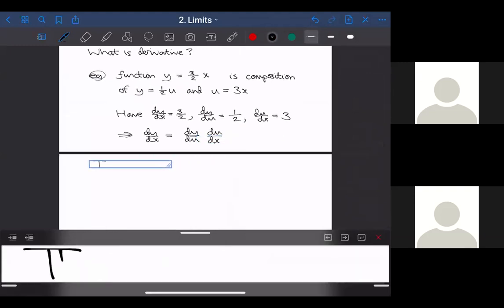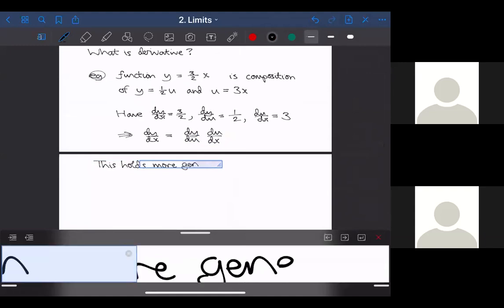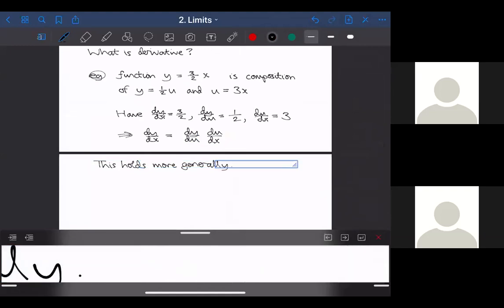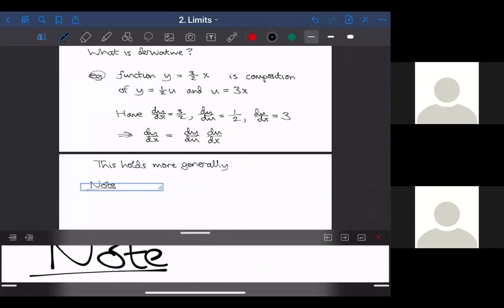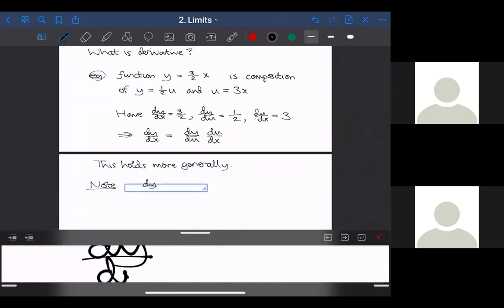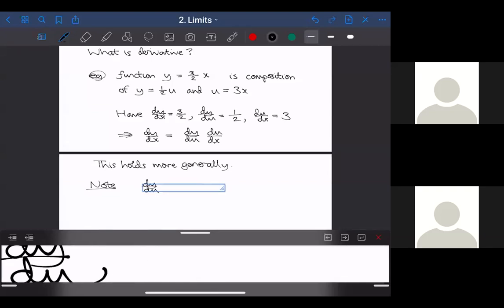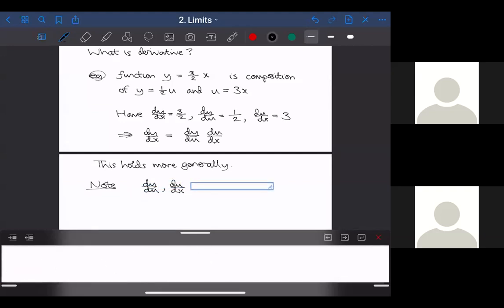And this also holds more generally. So note dy by du and du by dx are not fractions, they're just symbols.